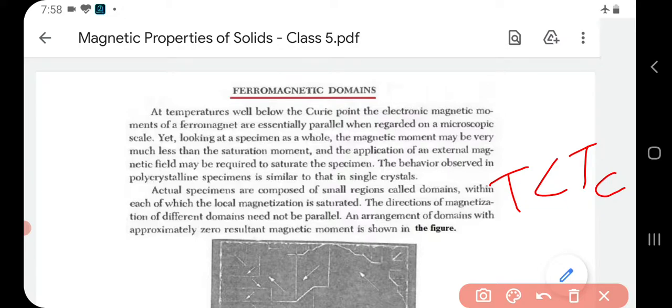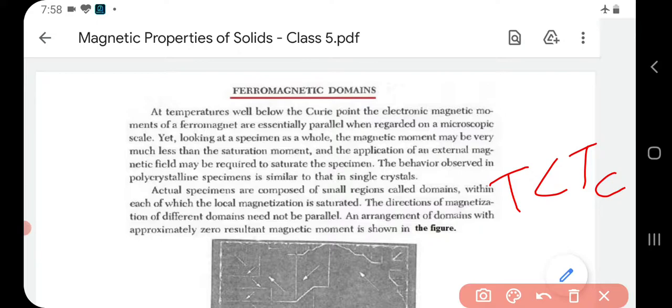When you look at a ferromagnetic material, all the magnetic moments in it will be aligned in the direction of the applied field. But if you look at the specimen as a whole, at a macroscopic scale, not a single region, how will the magnetic moments look?